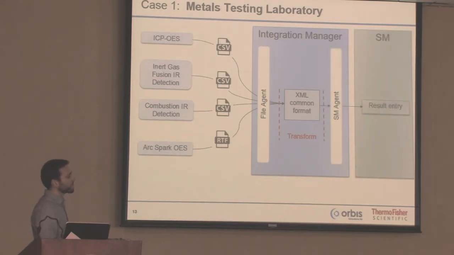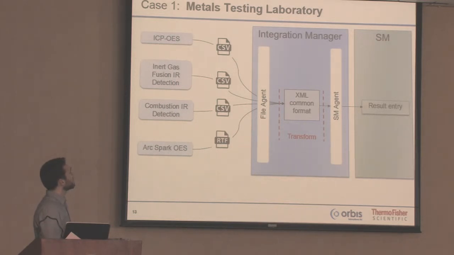Then using the SampleManager agent within the Integration Manager, we could transfer these results directly to SampleManager. And this required 0 modifications in SampleManager. It only required configuration of the LIMS Analyst activities which are already there.